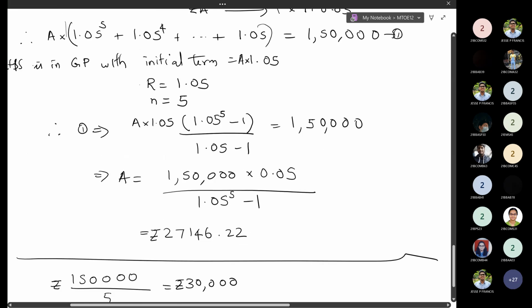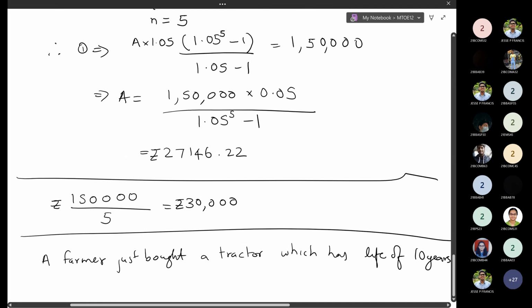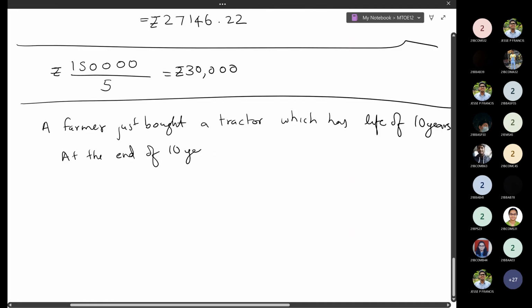At the end of 10 years, a replacement tractor will cost rupees, let's say, I don't know the price of tractors, I'm just going by a guess, around 10 lakhs.